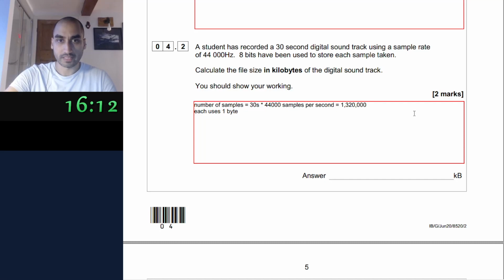So the number of bytes, size equals 1,320,000 bytes, which equals about 1020 kilobytes.